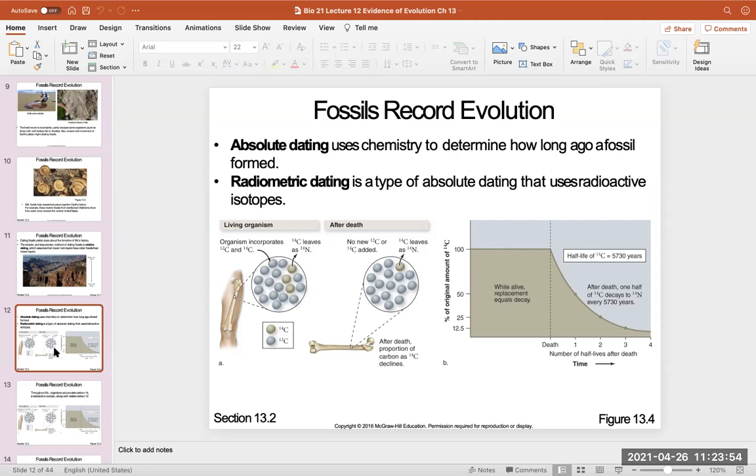If I say the half-life of this organism is 20,000 years, what percentage remains after 40,000 years? 25%, because in 20,000 years it's going to be 50% remaining, and in another 20,000 it's 25% remaining.